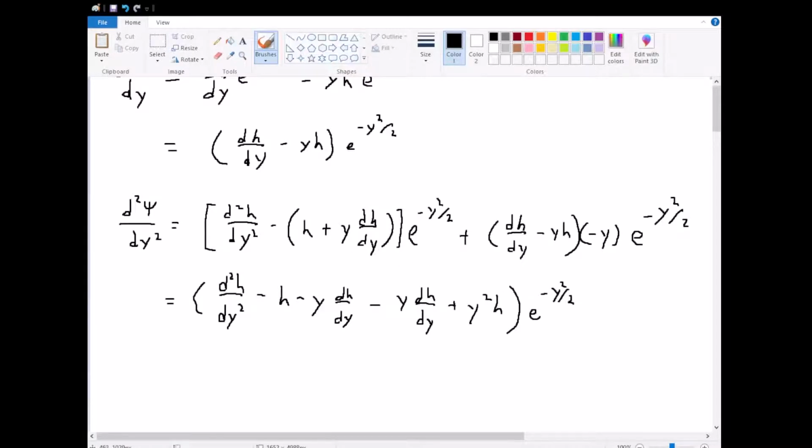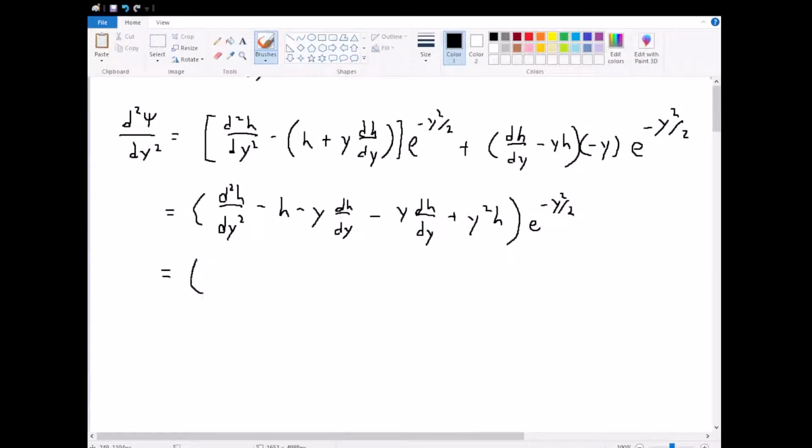And from this, we can combine a few terms. This is going to give us d2h by dy squared, and then let's combine the y dh by dy's, so this becomes minus 2y dh by dy. And then we have this term right here, which we can distribute further and write as y squared minus 1 multiplied by h. And then everything here is multiplied by the exponential e to the negative y squared over 2.